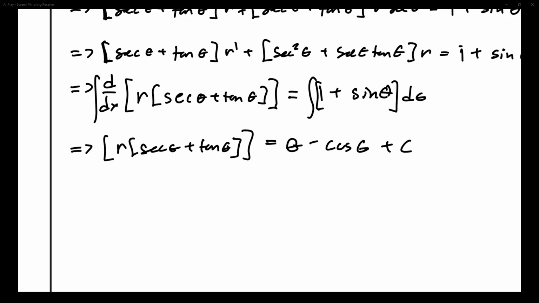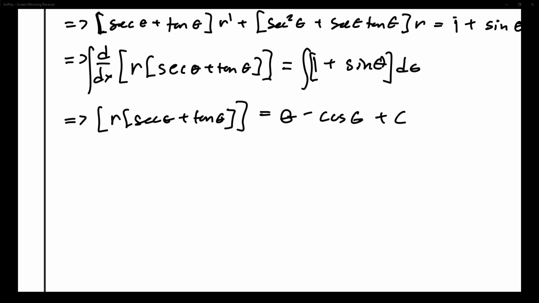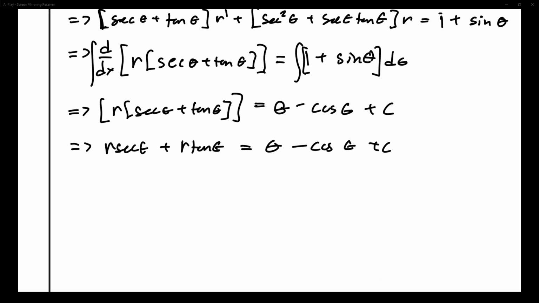Then we add a plus c. And when we distribute, we get r secant theta plus r tangent theta equals theta minus cosine theta plus c. Let me check in the book. Yep, so this is the correct answer.